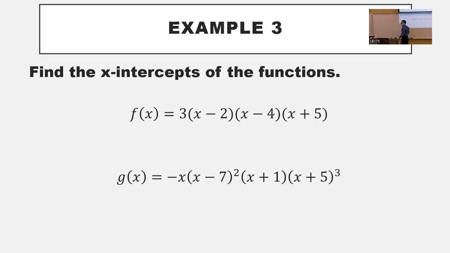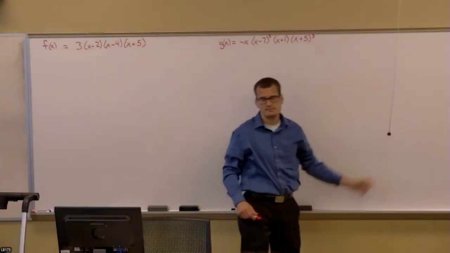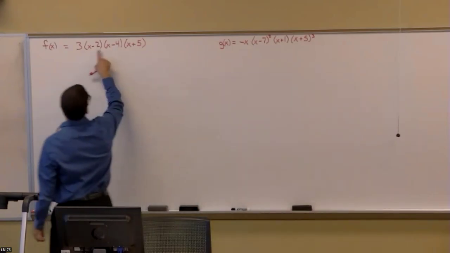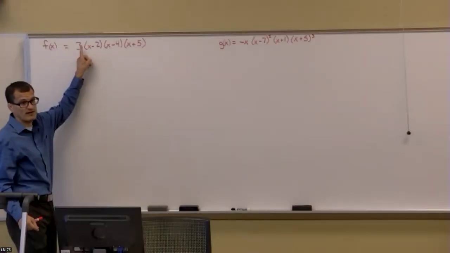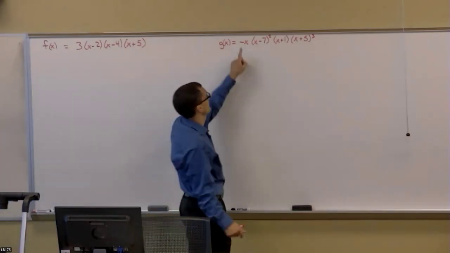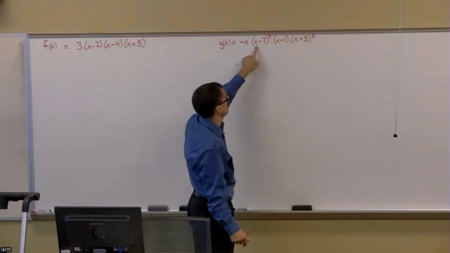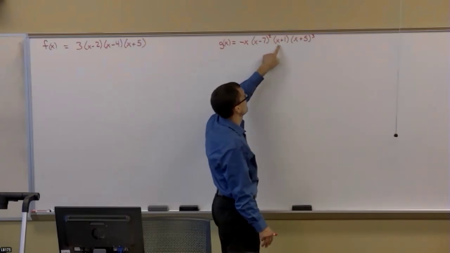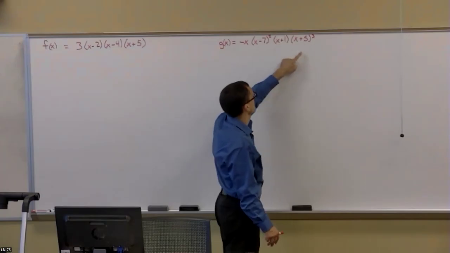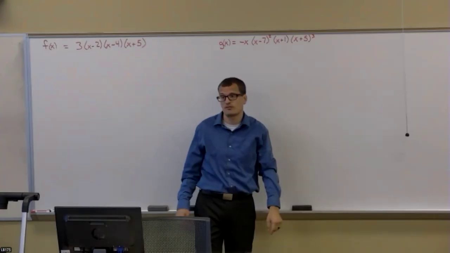By the way, if you expanded this out, this would be a polynomial of degree 3 because we have x, x, and x. This would be a polynomial of degree, well, I get one x here. I'd actually get 2 copies of x here, then another 1, and then 3 copies. So 3, 4, 5, 6, 7. That'd be a polynomial of degree 7.